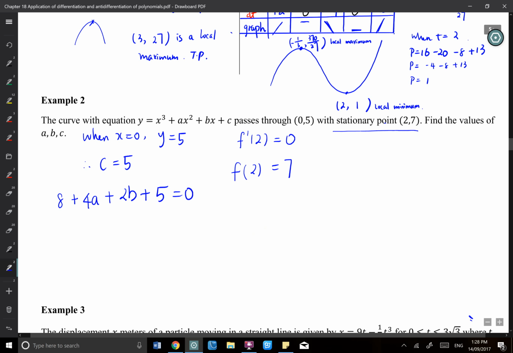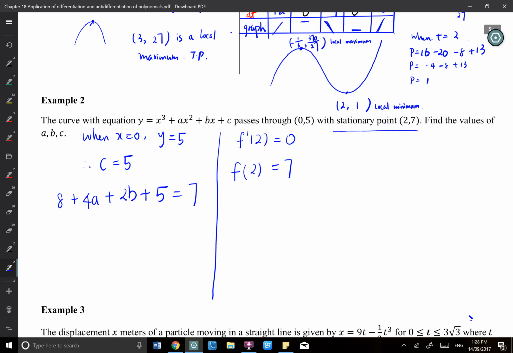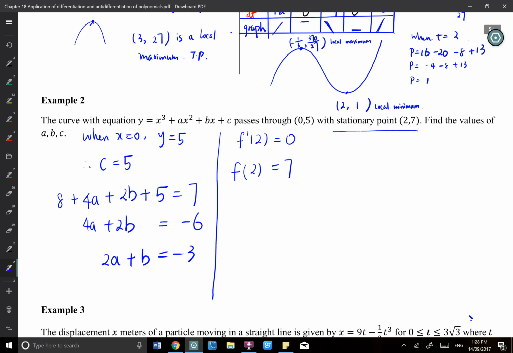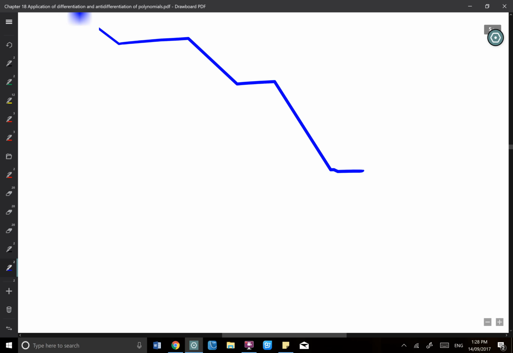That's f2 equals 7, not f dash 2. So what you have is 4a plus 2b equals 7 minus 13, which is minus 6. So 2a plus b equals minus 3. Okay, that's from f2 equals 7, and then f dash 2 equals 0. Oh, nice shape.